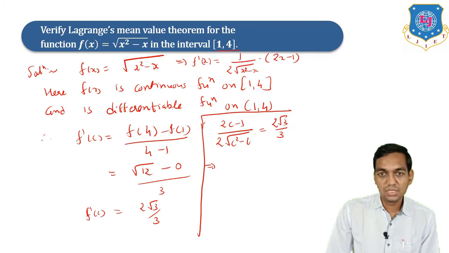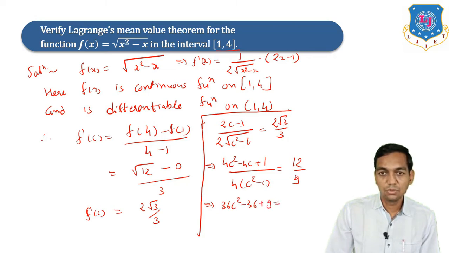Now squaring both sides, that will give you (4c square minus 4c plus 1) upon 4 into (c square minus c) is equal to 12 upon 9. Cross multiply, and that will give you 36c square minus 36c plus 9 is equal to 12 into 4, that is 48c square minus 48c.